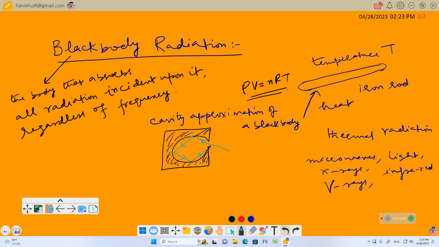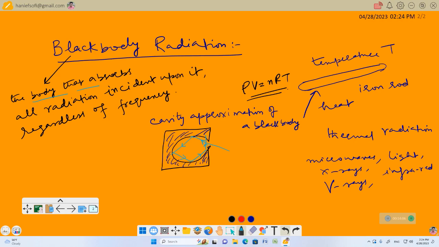Due to these multiple reflections, ultimately it will be absorbed by the cavity. So there is the least chance that when we shine radiation at this hole, it will leave the cavity. It will certainly be absorbed, right? That fulfills our definition, because we define a black body as a body that absorbs all radiation incident upon it. So this is how we approximate the black body in the lab.